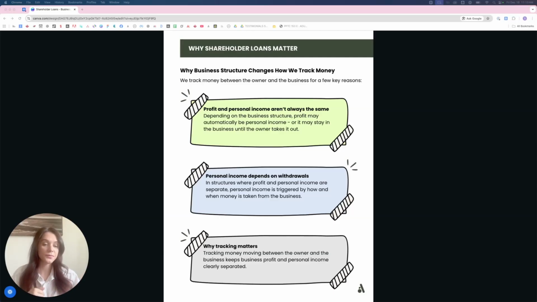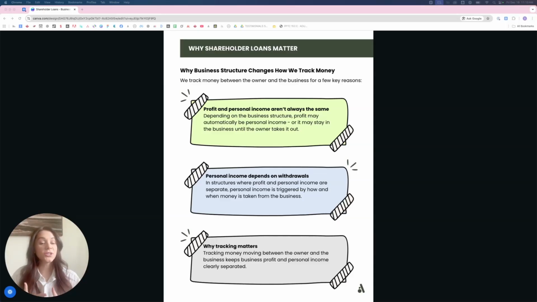So where this becomes much more important is in a business structure where there's a separation between business profit and personal income. In those structures, the business can earn a profit without that profit automatically becoming the owner's personal income. And the owner can take money out of the business in different ways. When that separation exists, it becomes really important to track when money is actually moving between the business and the owner.